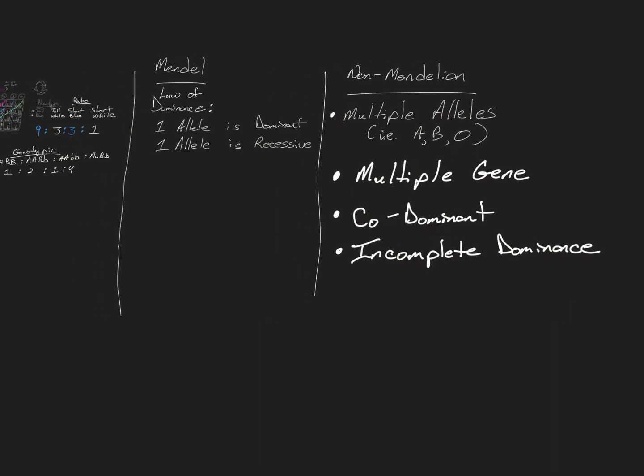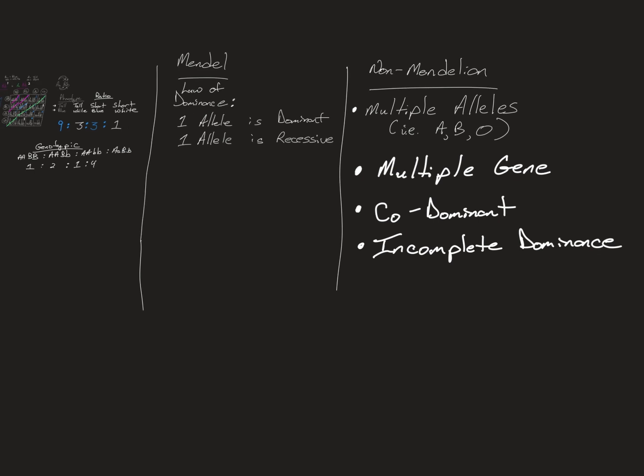Now, there's another law. He says the law of segregation. The law of segregation is when you only have one gene, and all it says is that the gene is going to segregate to the gamete, the single cells, independent. They're going to separate randomly.